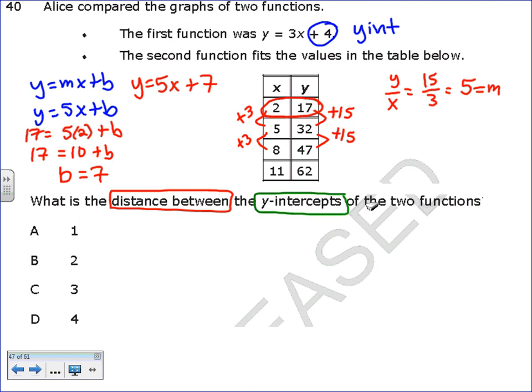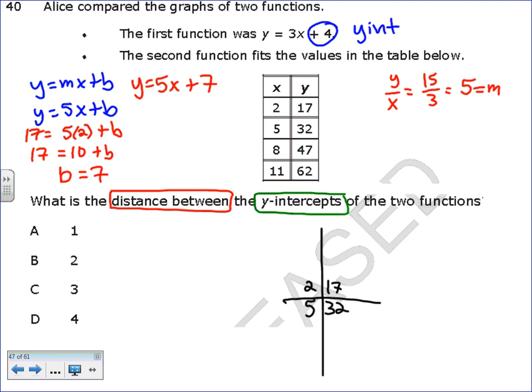If you are having trouble using that method for Math 8, we can just continue our table. I'm going to do it down here so I have more space. I'm just going to start from here. I know that my slope is 5 over 1.